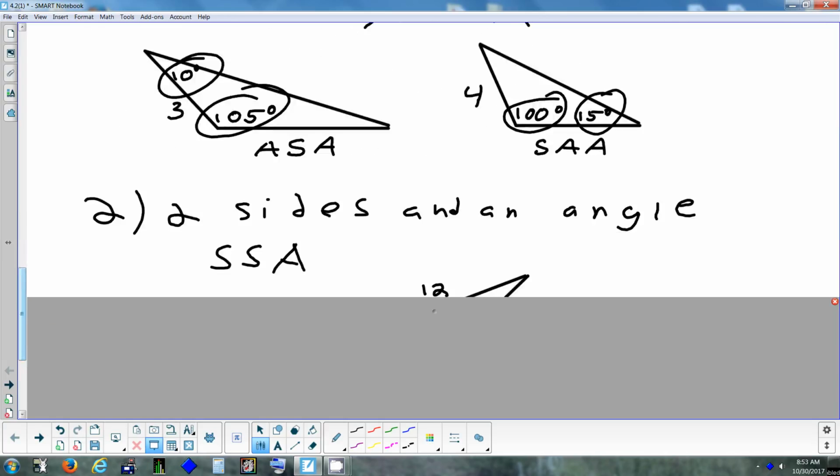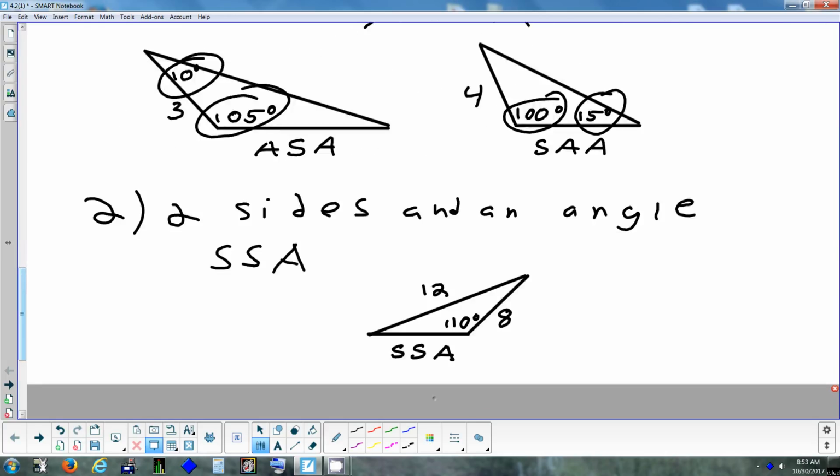And the other case we'll look at partially today, we're going to wrap up with one of these, but we're going to continue looking at it tomorrow, is the side-side angle case. This is where they're giving you two sides and an angle. And specifically, the angle that they give you is not between the two sides.